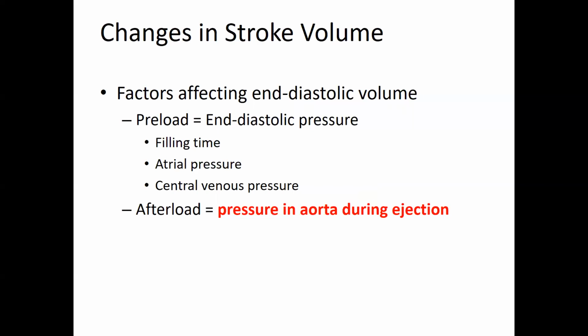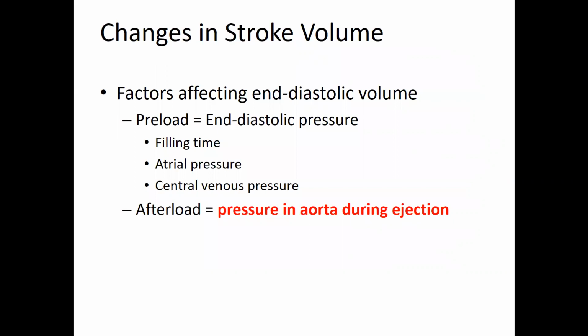If you're on bed rest or if you're not very physically active and your muscles are not contracting, you're not going to return as much blood into the right chamber. And if you're not returning much blood to the heart, eventually you're not going to pump as much out. Okay, so these are the factors that influence how much blood is pumped out of the ventricle.